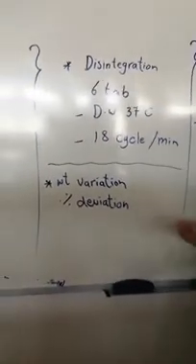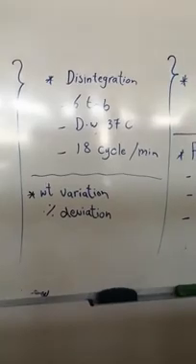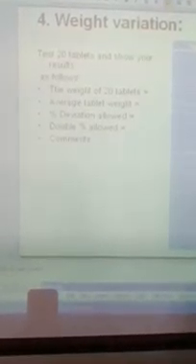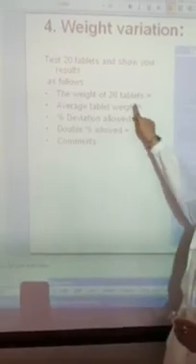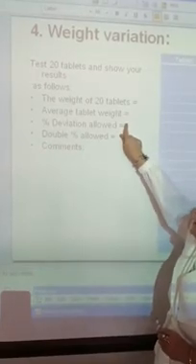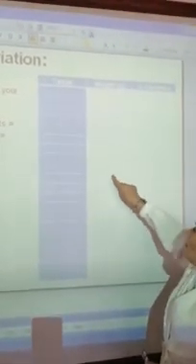And the last test, which is the weight variation. The weight variation is done here for dietary supplements. We have to make it for dietary supplements just by taking 20 tablets, weigh them as a whole, and calculate the average by dividing the weight by 20. Then we have to weigh each tablet individually.